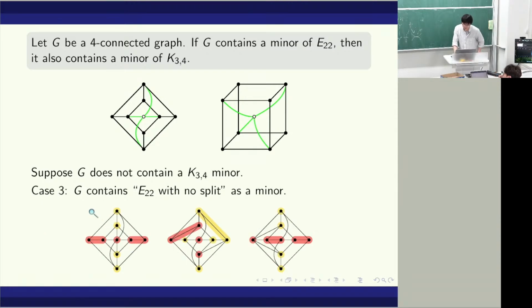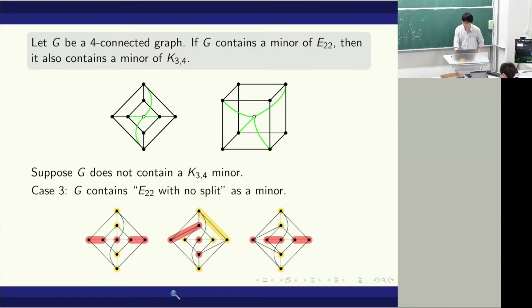So the last case is the graph G has no split. And when it has no split, which means that it is just a subdivision of E22, again, we can argue that there is some set of three vertices we can delete, but the graph is four connected, therefore the two paths must be joined by some paths.